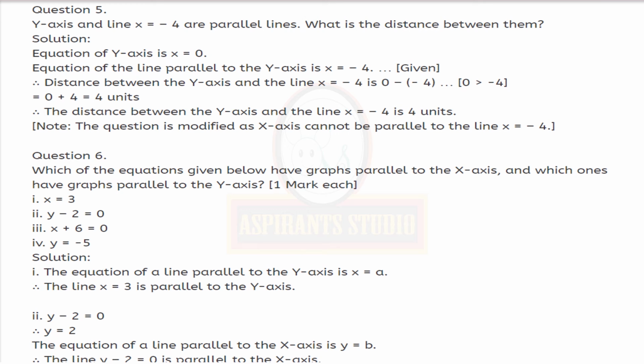Now the equation of the y-axis is x is equal to 0. The equation of the line parallel to the y-axis, x is equal to minus 4, is given. Therefore, the distance between the y-axis and the line x is equal to minus 4 is 0 minus of minus 4. You know, to find out the distance, in the first lesson you have learned how to find distance.